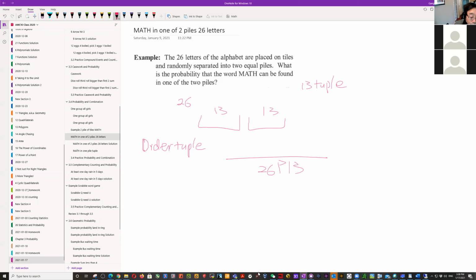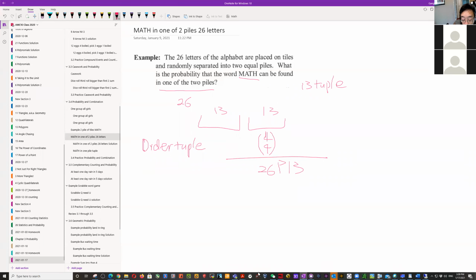And then the word MATH will be found in one of the piles. So to get MATH, I need to pick all those 4 letters. So basically, it's going to be 4 choose 4. Then for the remaining, it's a 13-tuple.